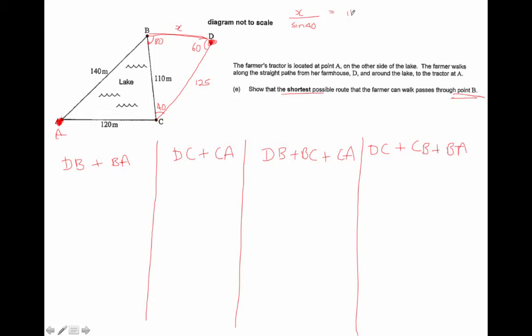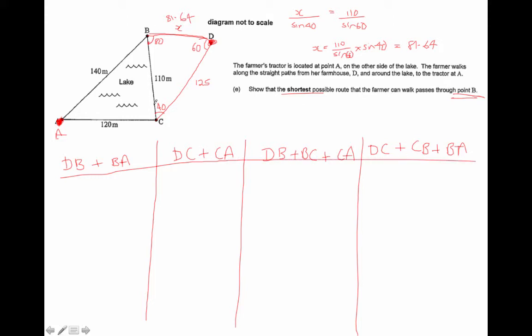Let's pick this one, 110 over sine 60. So x is going to equal 110 divided by sine 60 and then multiplied by sine 40. So x comes out as being 81.64. 81.6 up here.